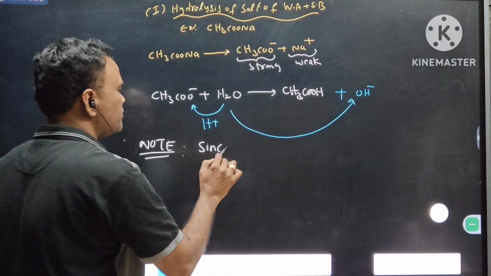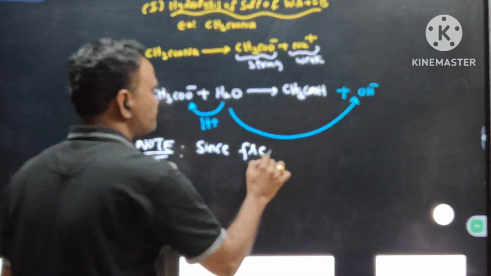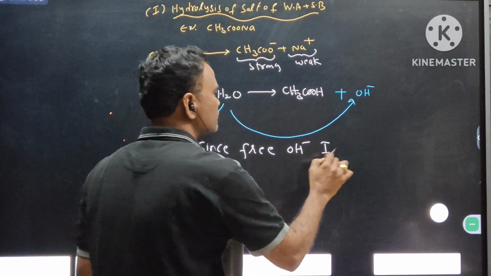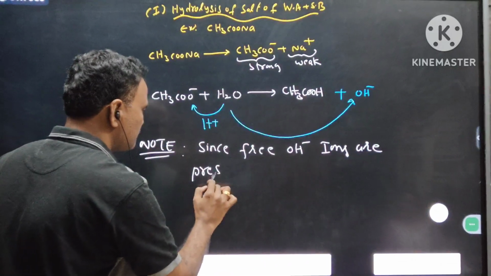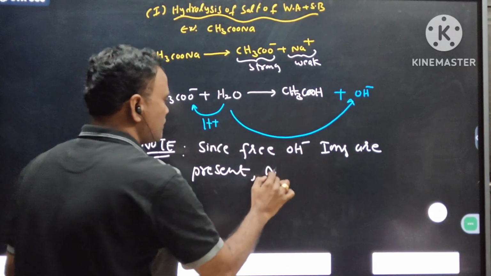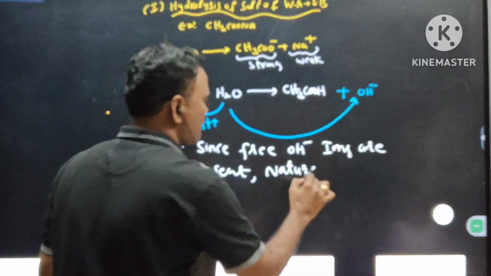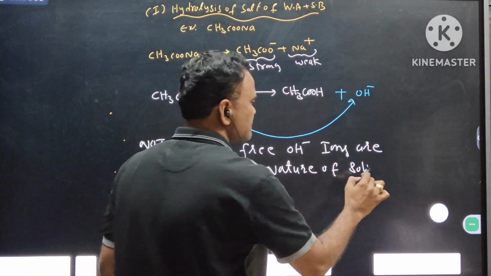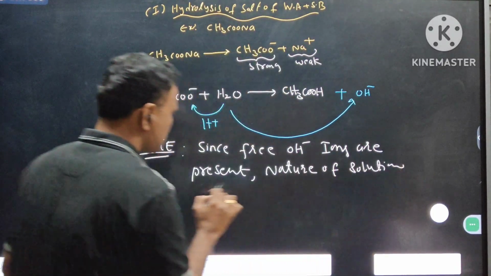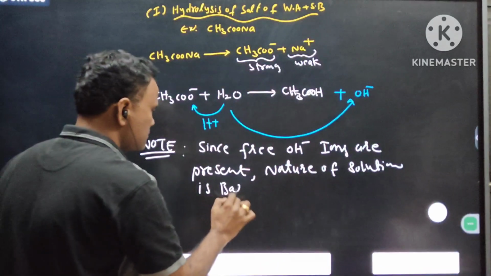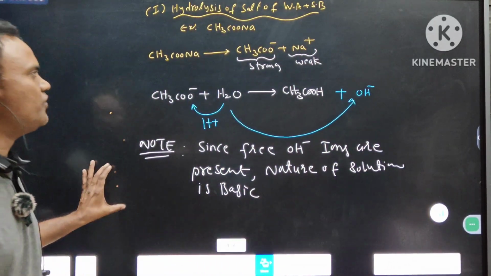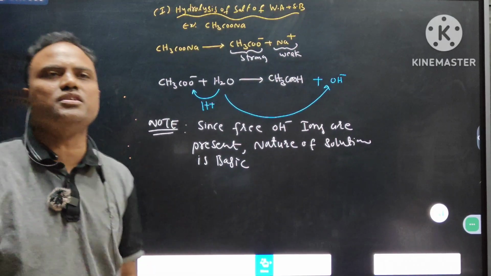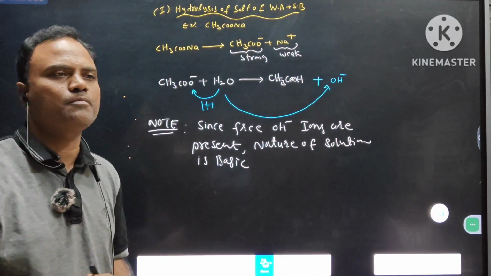Since free OH minus ions are present, the nature of the solution is basic. For basic solutions, is pH less than 7 or greater than 7?